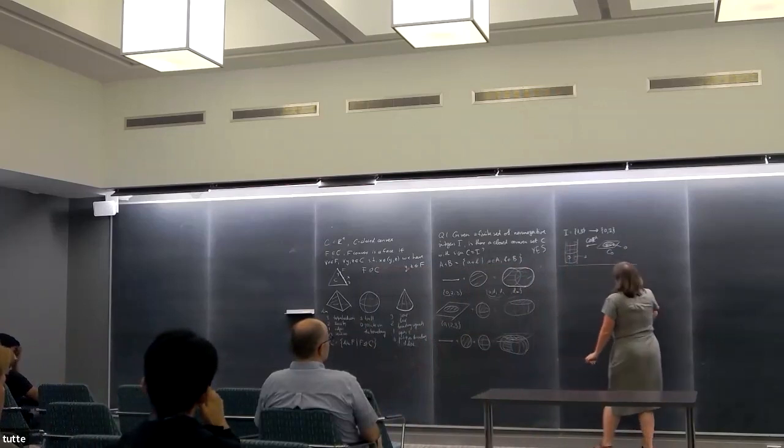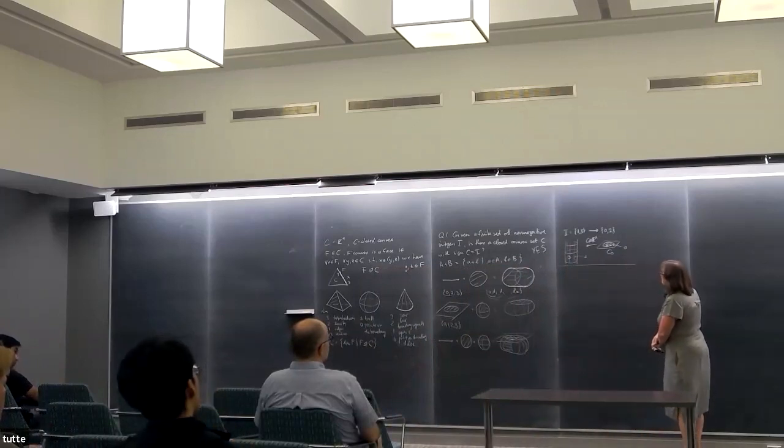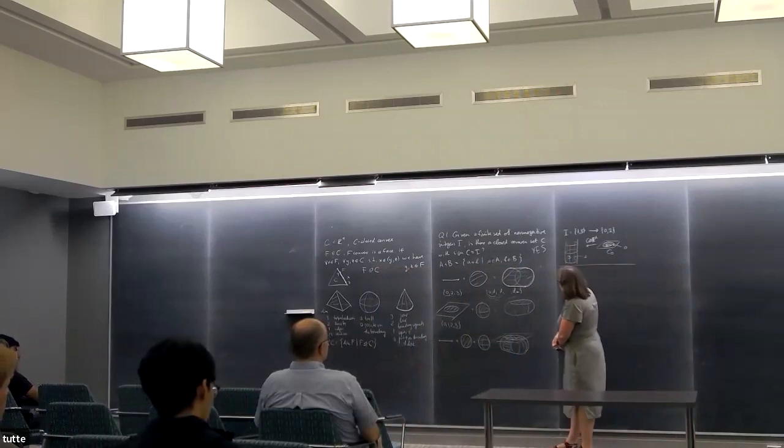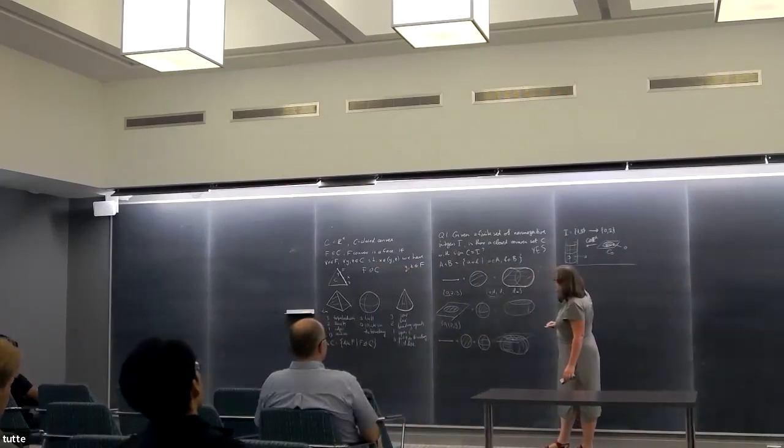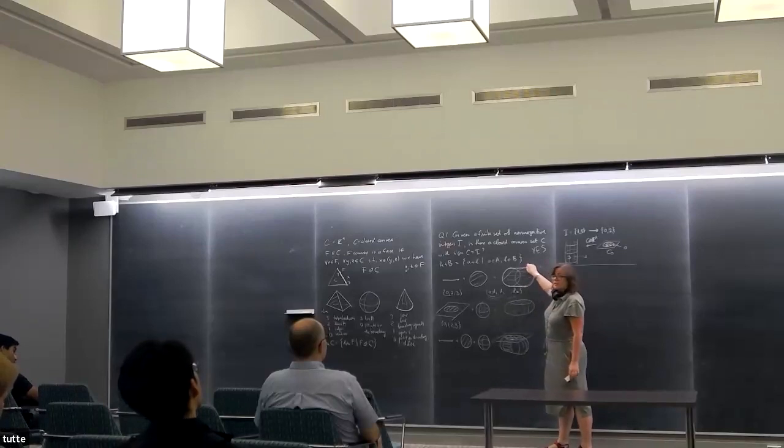So the first time I gave a talk about this, there were many questions. Not many questions, but kind of important questions. The first question was about facial exposure. So the problem with this construction is that the sets I generate are not facially exposed.